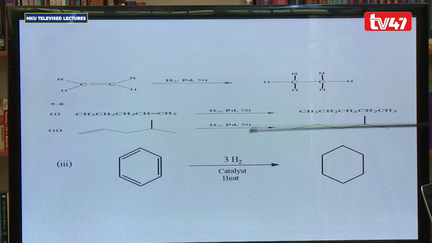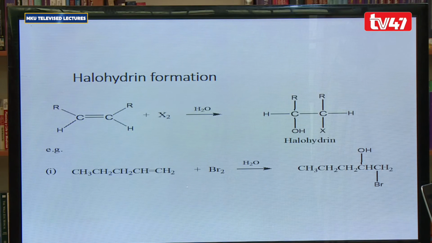You'll find that the amount of hydrogen that adds to alkenes depends on the number of double bonds. So again, the amount of hydrogen that adds to alkenes can be an indicator of the level of unsaturation.